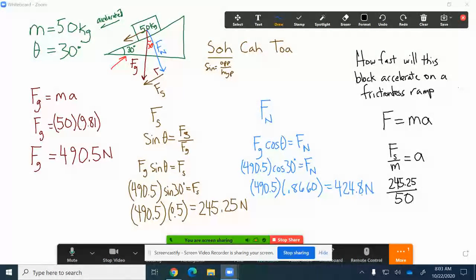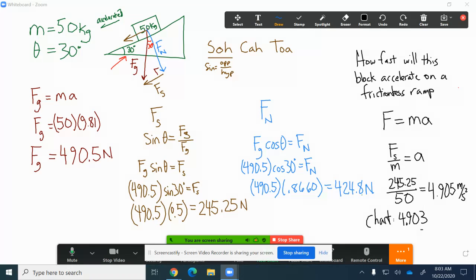And this will either be correct or it will be an embarrassing teacher moment and I will delete the video. Divided by 50. 4.905. Yep, 4.905 meters per second squared. Now the answer on the chart said 4.903, I think.